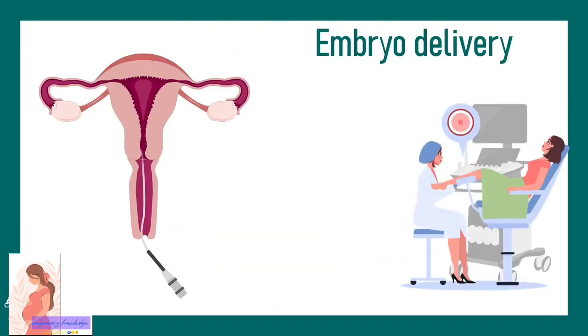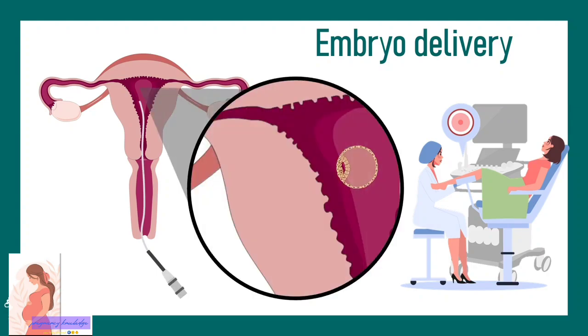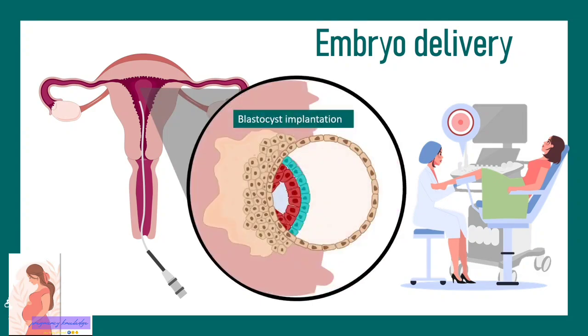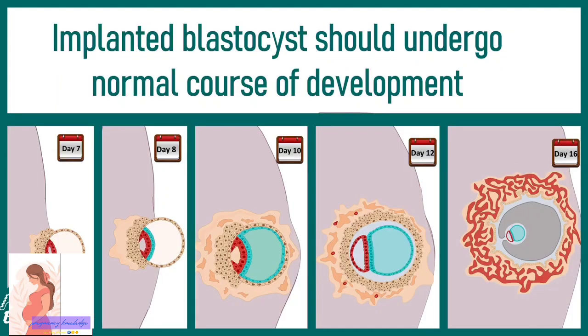After that, the embryo is delivered using a catheter through the vagina into the uterus. At this point, the blastocyst should be implanted into the uterine wall, but there is a prerequisite to this step. It has to be ensured that the uterus can support these developmental stages that happen normally.